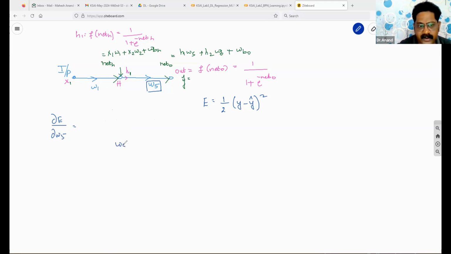What is the formula? W5 new is equivalent to W5 old, or the initialized value, minus learning rate eta times this value, dou E by dou W5, into the input. What is the input? It is coming from H1.